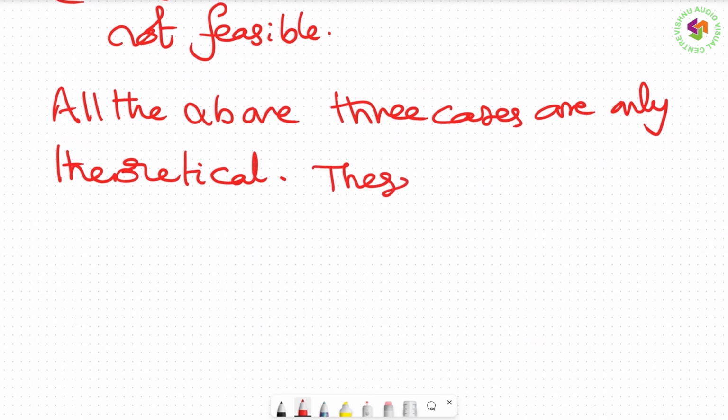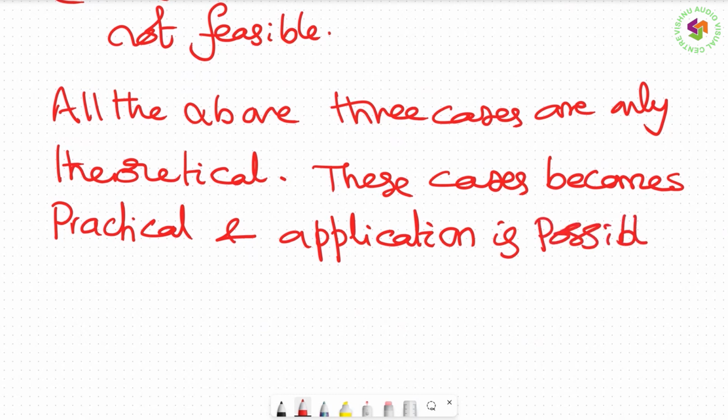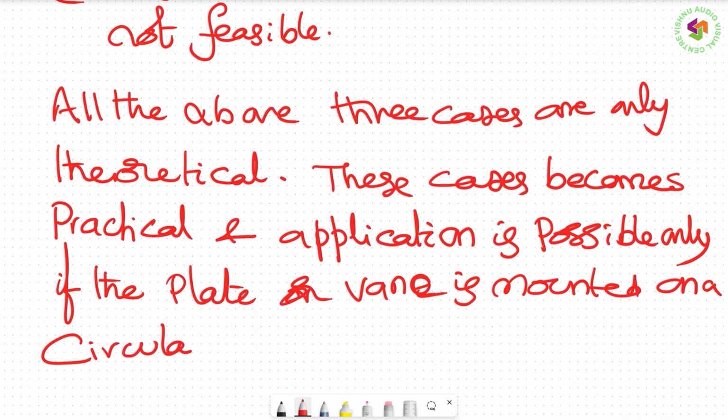These cases become practical and application is possible only if the plate or vane is mounted on a circular wheel.